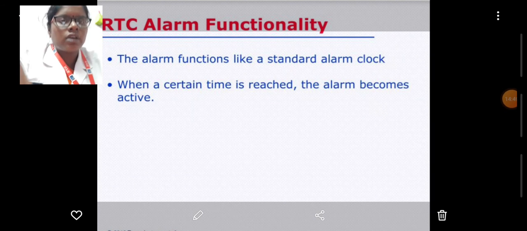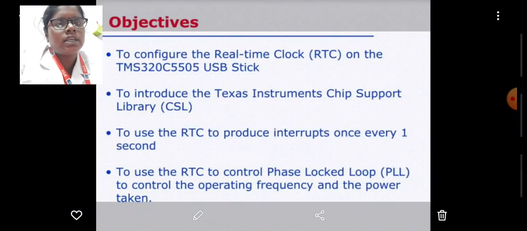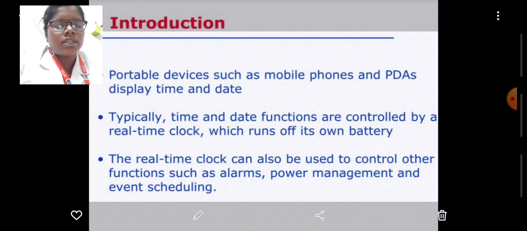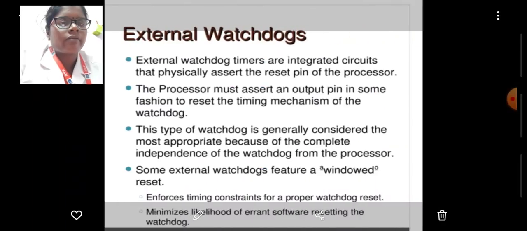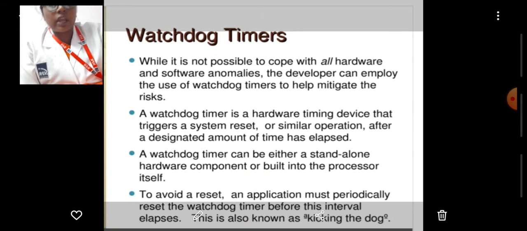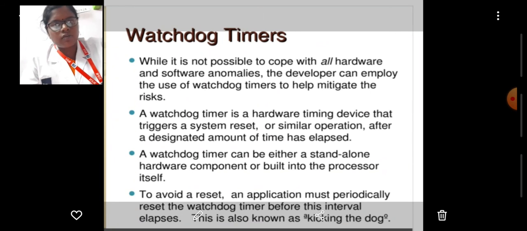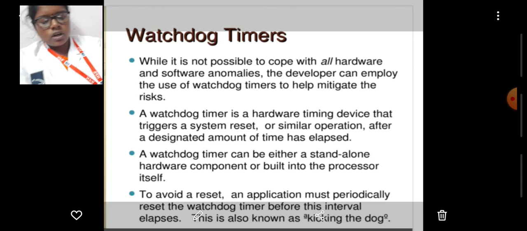Today we have seen about the watchdog timer and RTC, real time clock. In watchdog timers, we have seen what is meant by a watchdog timer and what the applications of a watchdog timer are.